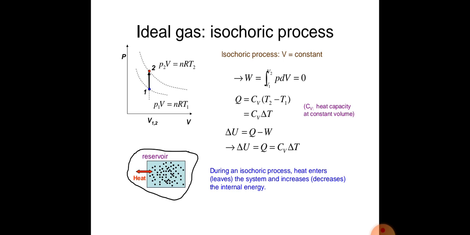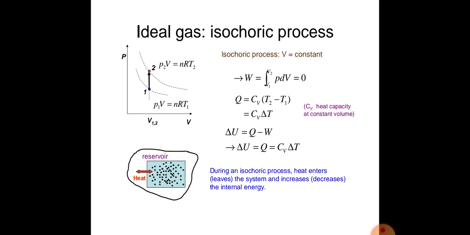So we assume that the working medium is an ideal gas and the process is as follows. In this lecture we see two processes, the isochoric and isobaric processes. First, the isochoric process, in which volume is constant; it is also known as the constant volume process.